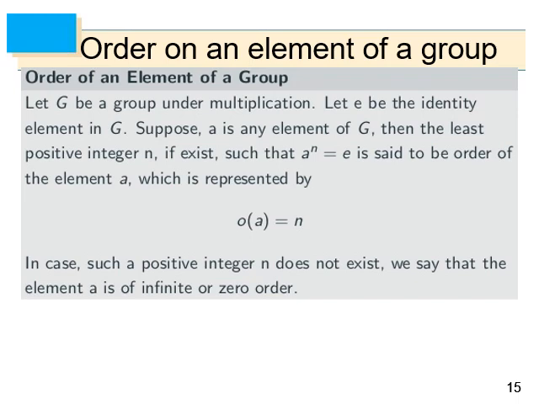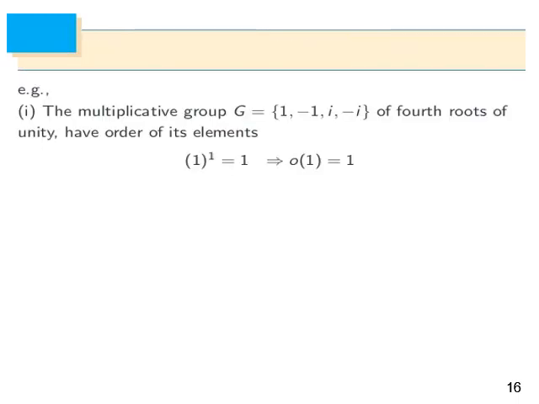So if one asks when an element is said to have infinite order, the answer is: if such a positive integer n does not exist. The multiplicative group consisting of the four complex numbers 1, -1, i and -i, the fourth roots of unity, has the following orders of its elements.